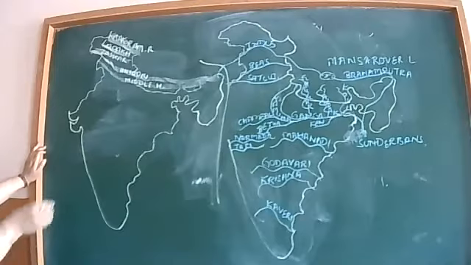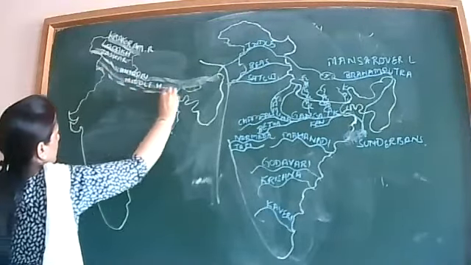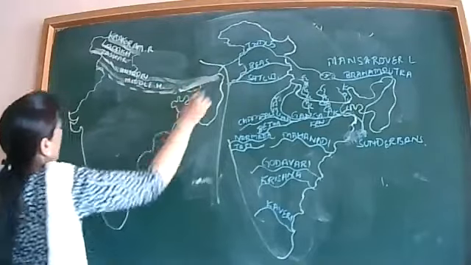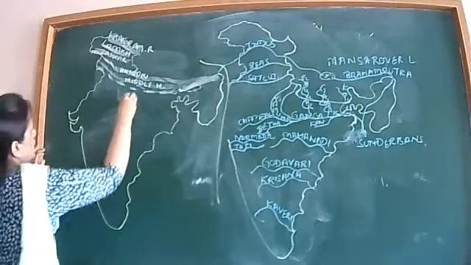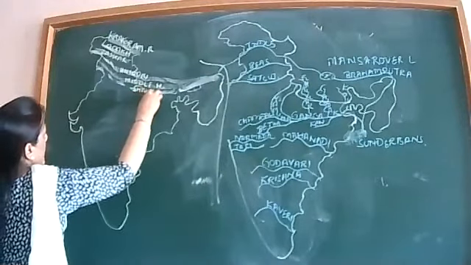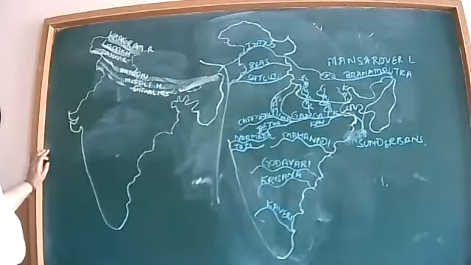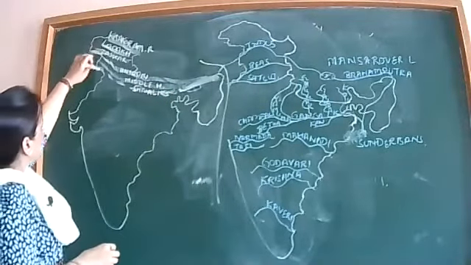And below that, we have Shivaliks. This continues, and ultimately they all meet with each other. You can see all the three ranges end up here.